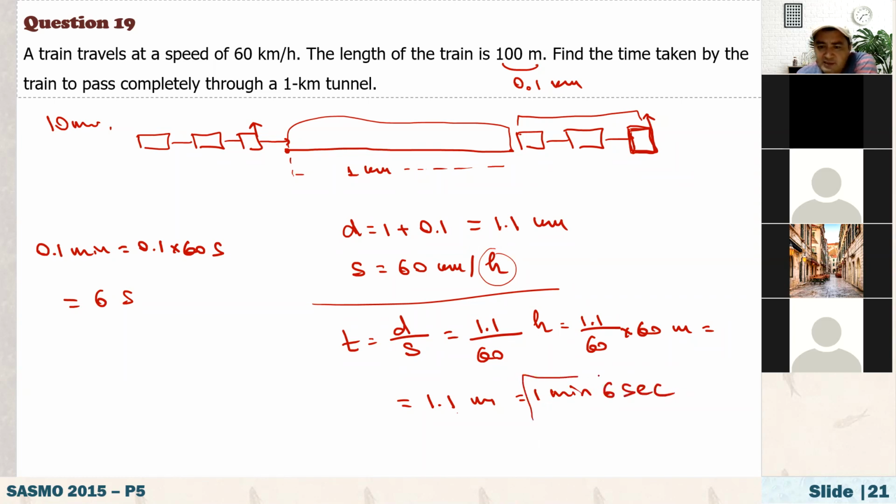So the train passes the tunnel in 1 minute and 6 seconds. Fikriye, did you understand?